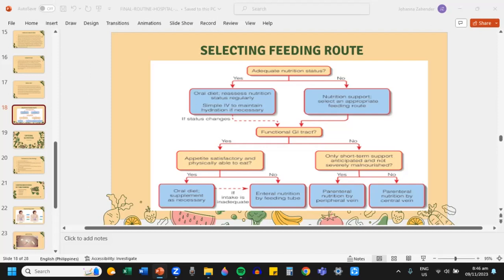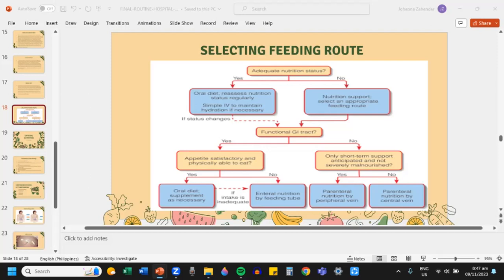Okay? So I'll be showing you a video about parenteral nutrition, and anong itsura ng patient na may central line as compared to peripheral line. Itong si peripheral line, for sure, nakikita na kayo ng patient during your pre-clean na may mga IV fluids doon sa mga kamay nila or sa mga vessels in their hands.